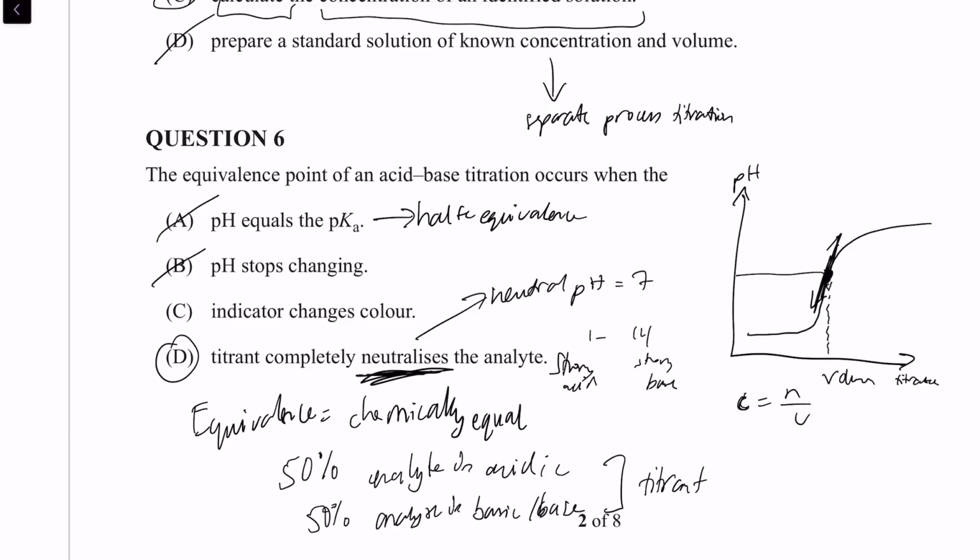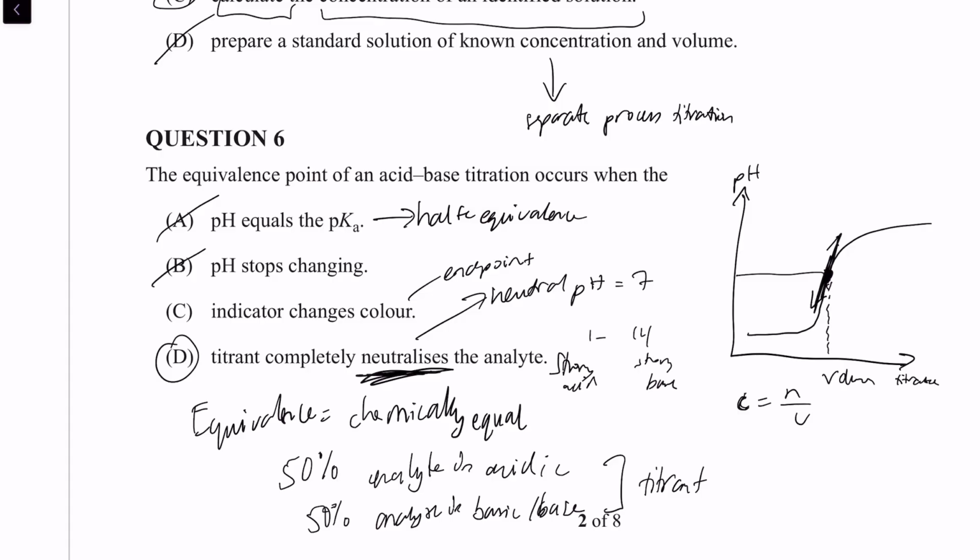That's really about the end point, not the equivalence point. The equivalence point is more of a chemical value, a scientific observation, rather than a visual, a bit subjective, outward observation, if that makes sense.